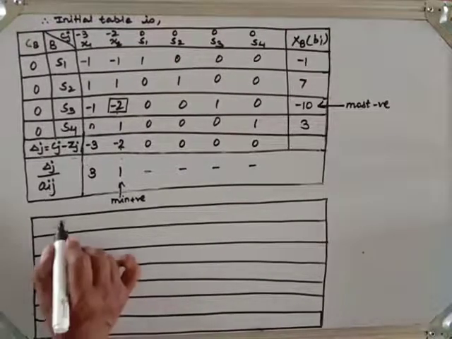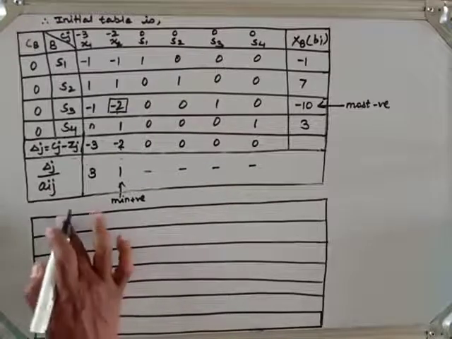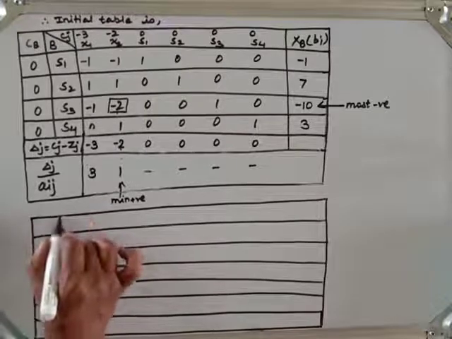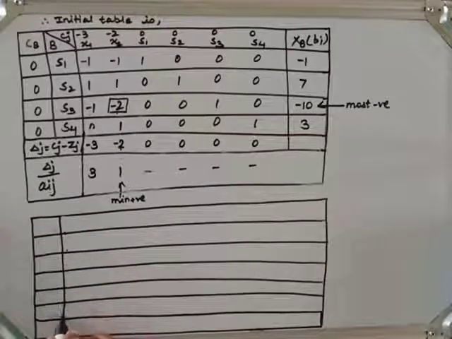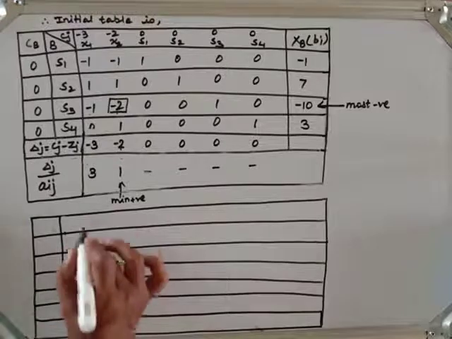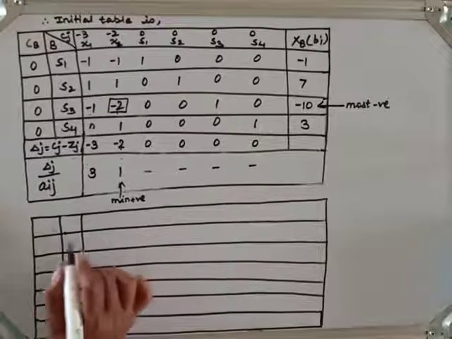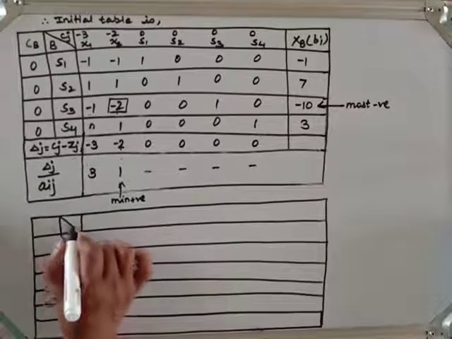Now here the first column will be for CB, this is for B and CJ.